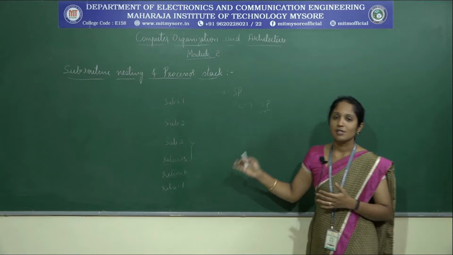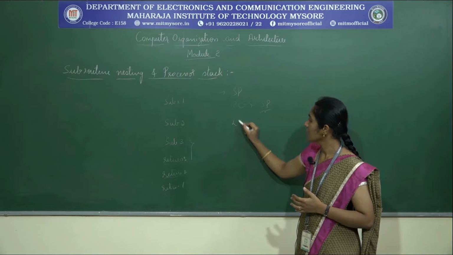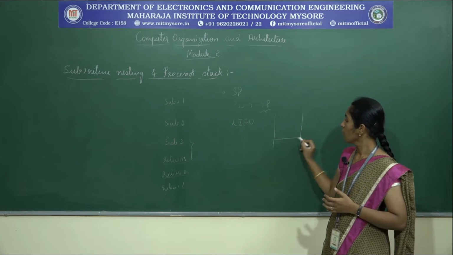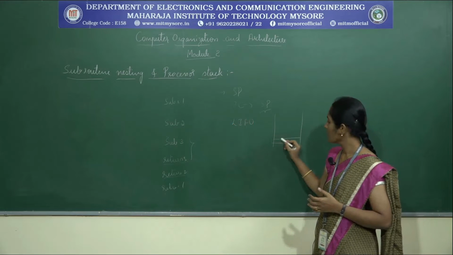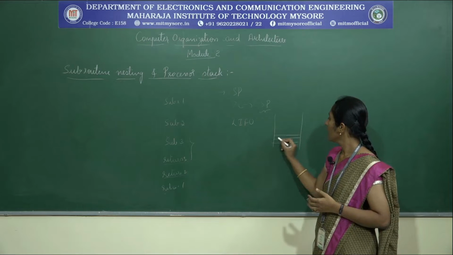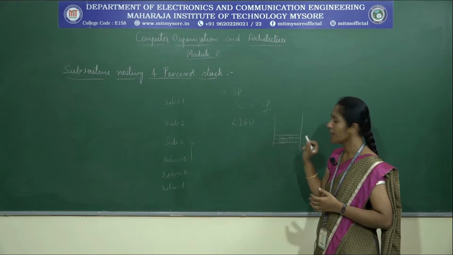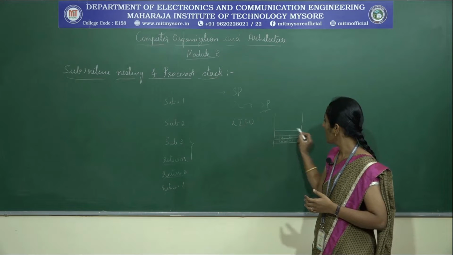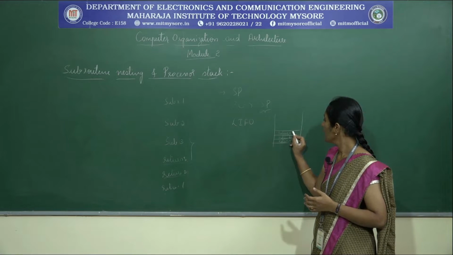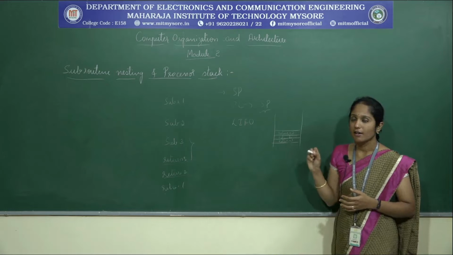As I said, since it is based on the last in first out principle, if you use a stack, then the return address of the first subroutine will be the first element in the stack, and the return address of the second subroutine is the next. If you consider there are only three subroutines, then you have 3 return addresses.